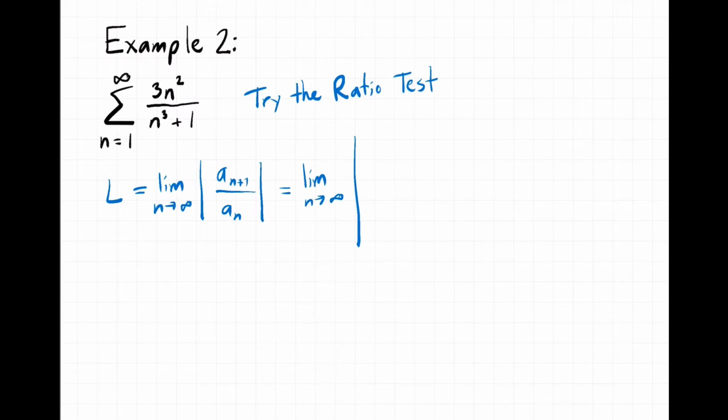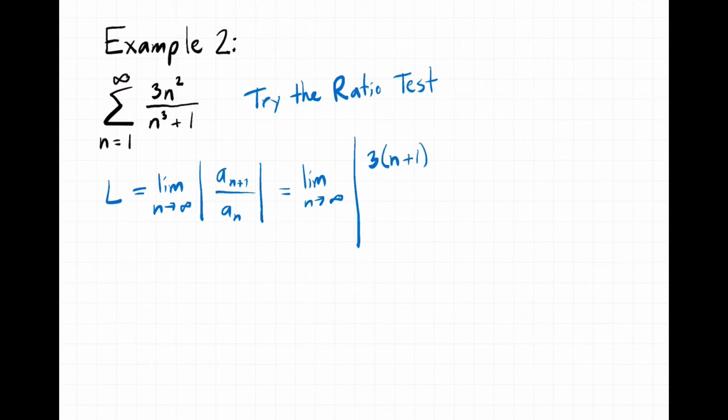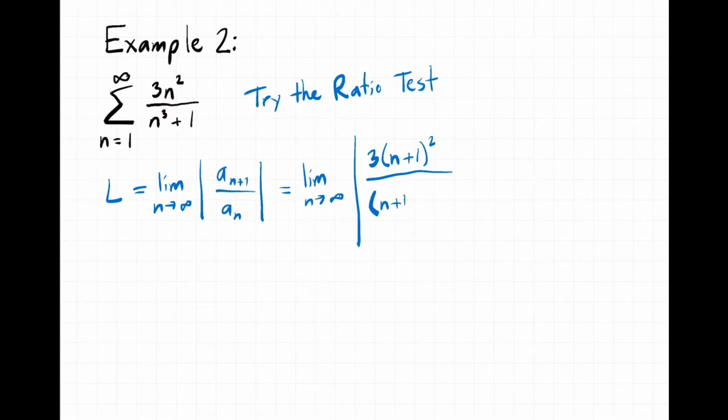So, a_(n+1) means I should take the expression for a_n and replace all the n's with n plus 1. So we're going to have 3(n+1) squared, put those parentheses there, over, we had n cubed, now it's (n+1) cubed, plus 1.